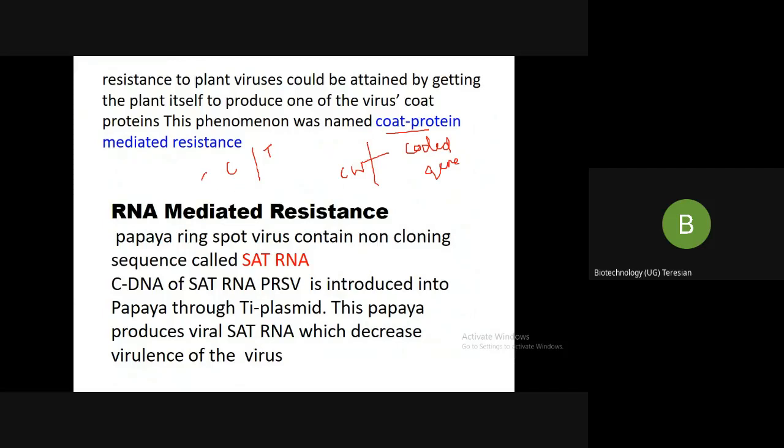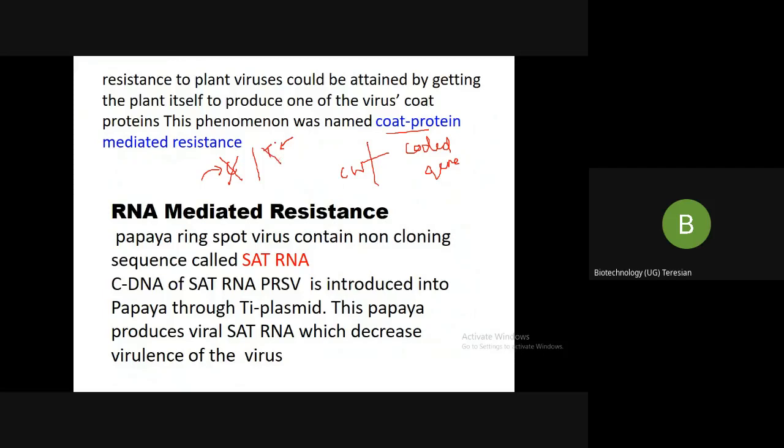Now they intentionally infected both the plants with the papaya ring spot virus. Obviously, as you all guess, the control plants will die because they are not resistant to that papaya virus. Transgenic plants, because they have been transformed, should survive.